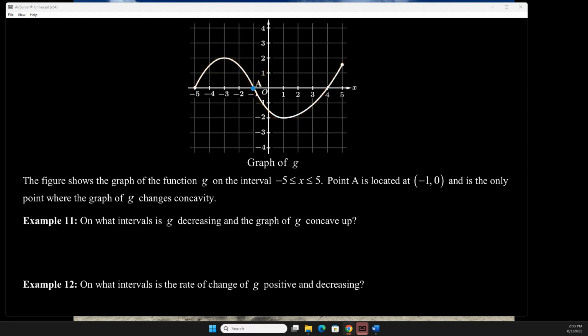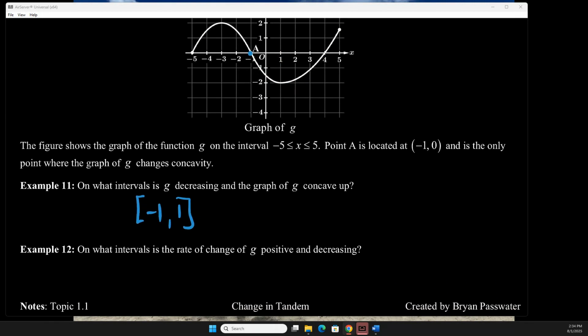Alright, so we want to know the intervals at which G is decreasing and the graph of G is concave up. Decreasing and concave up. That is all concave up, but is that all decreasing? Negative 1 to 1. Good, you're good. So negative 1 to 1 is concave up and decreasing.